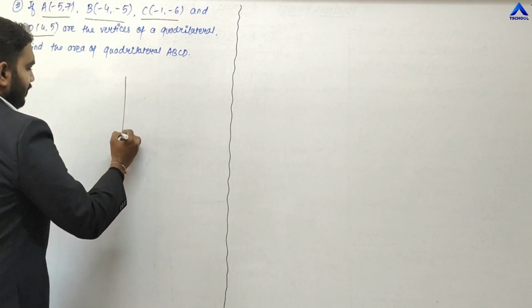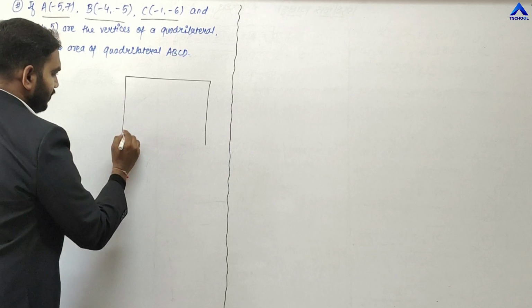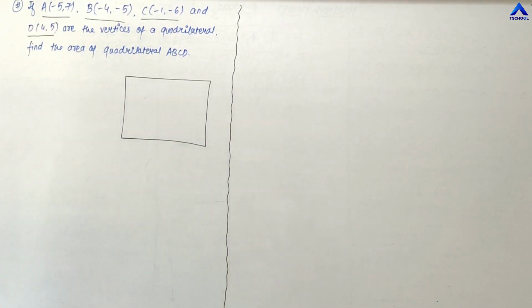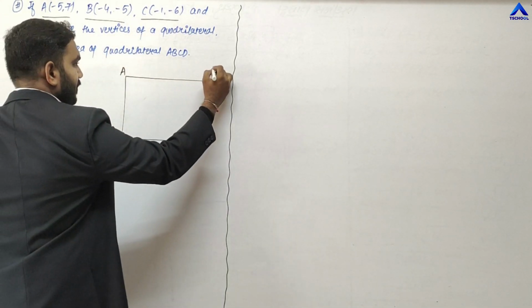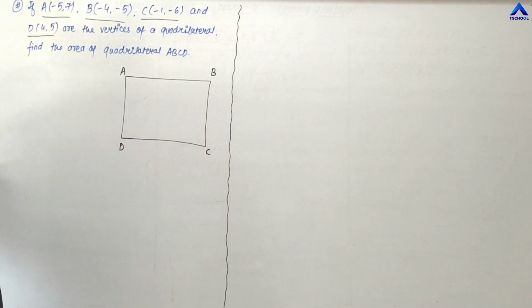So we don't know whether this is a square or rectangle or anything. So we shall draw a general quadrilateral without naming the type of quadrilateral, right? So that is my A, B, C and D. Right. Now I need to find out the area of this quadrilateral.